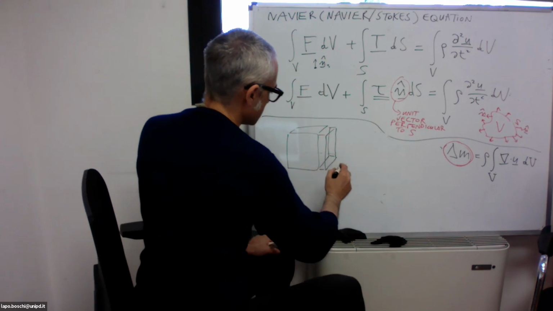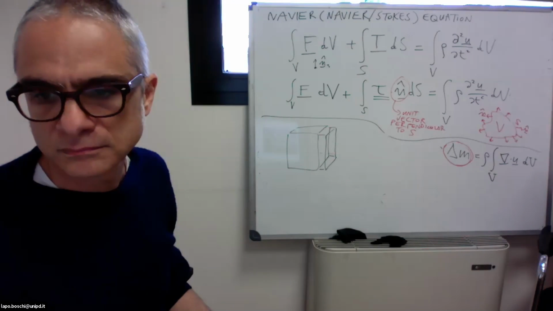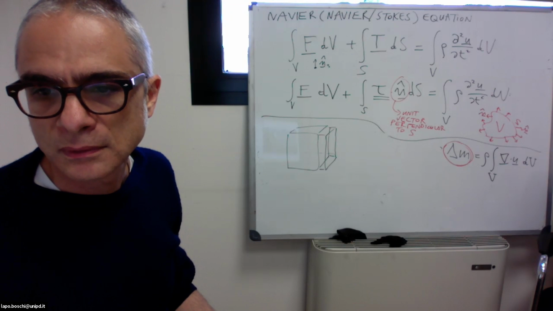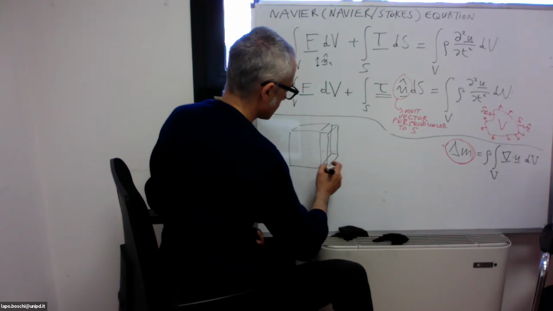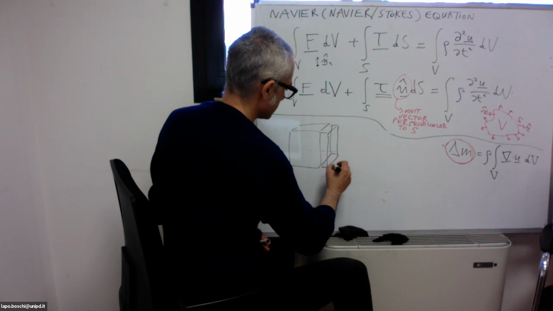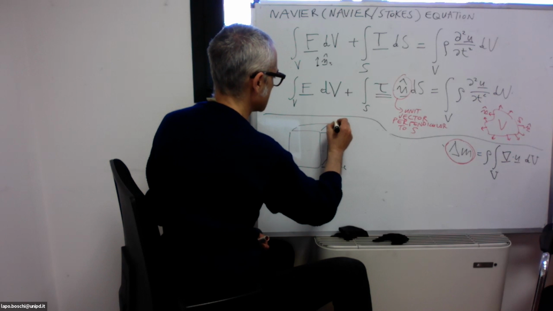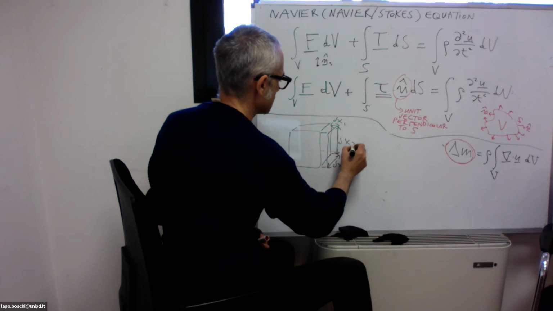We also wrote it as... remember that when we calculated that, this here we call delta x2, this length here we call delta x1, and that would be delta x3.